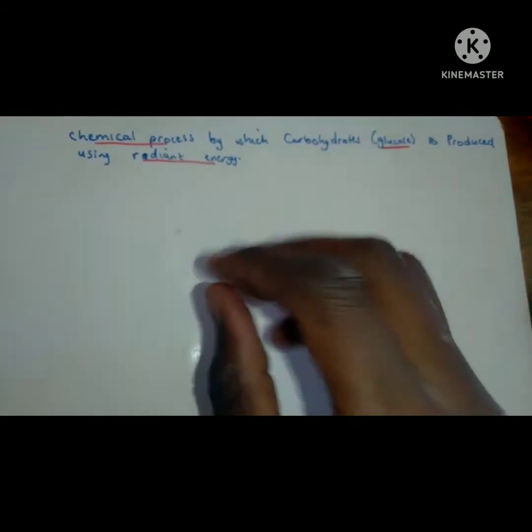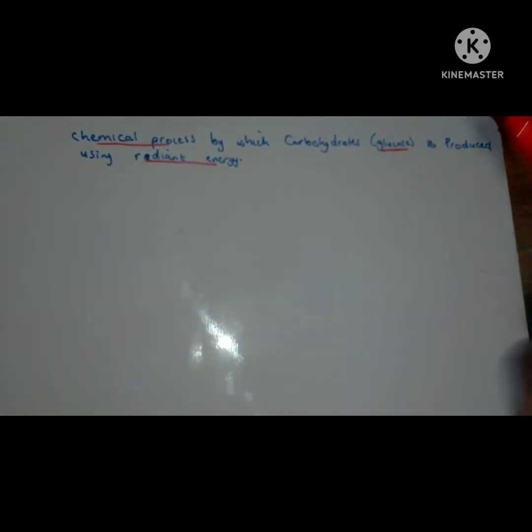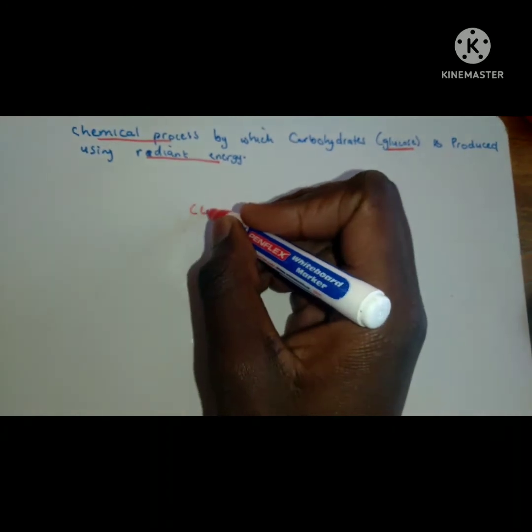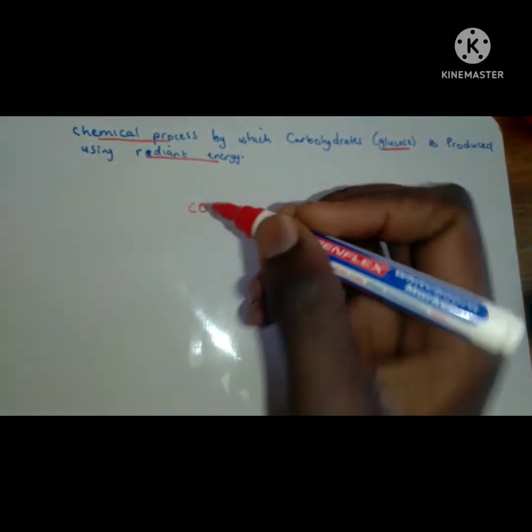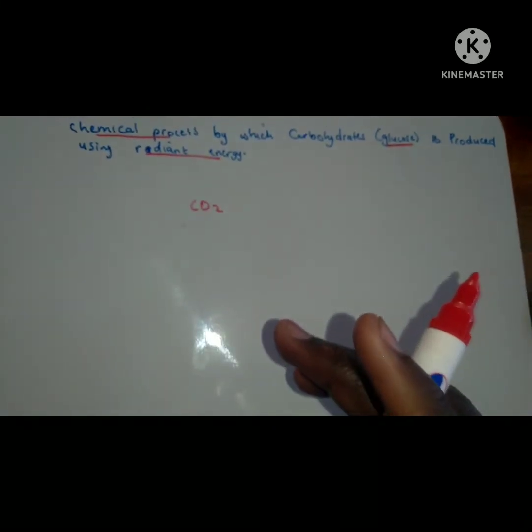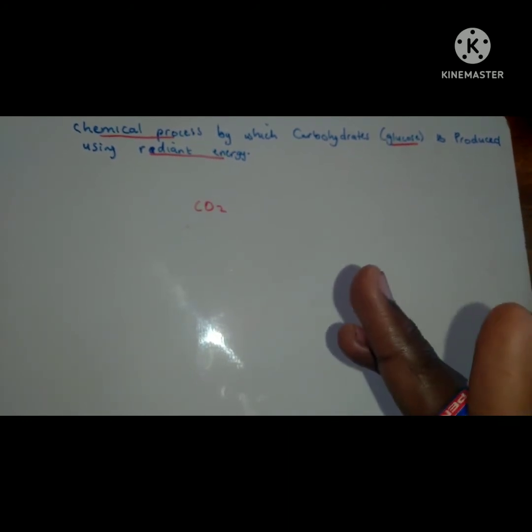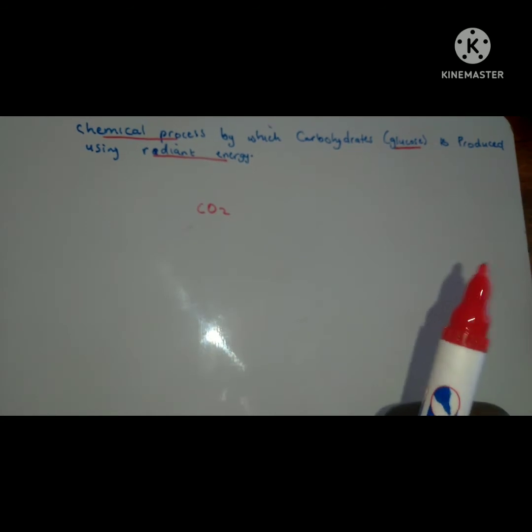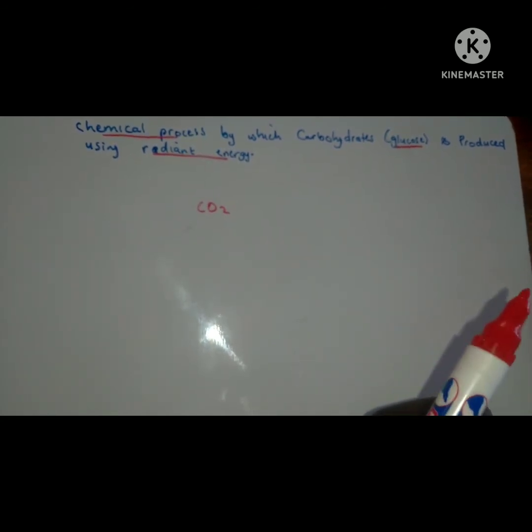What would you need for photosynthesis to take place? You would need carbon dioxide. This carbon dioxide is an essential gas that is very much needed when you are synthesizing carbohydrates using light energy.